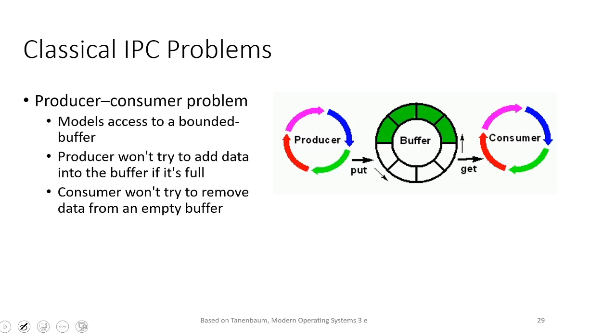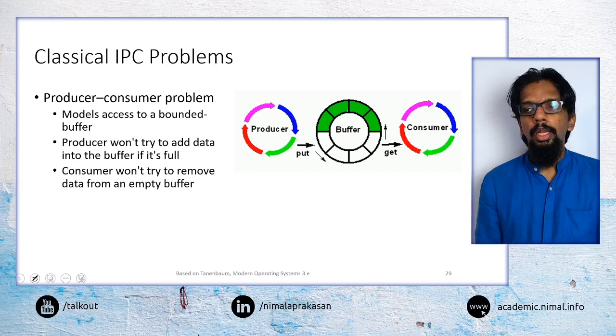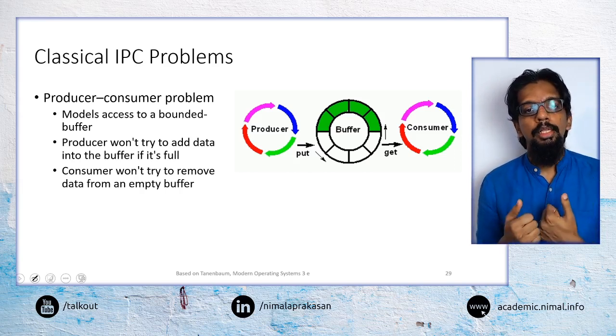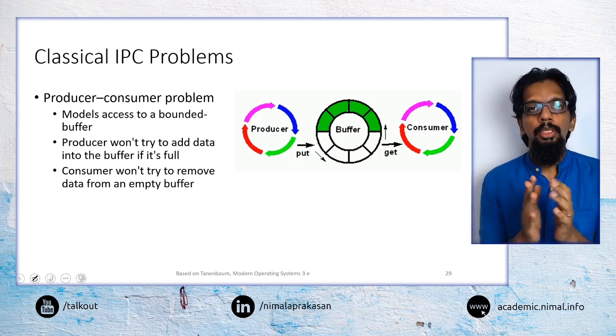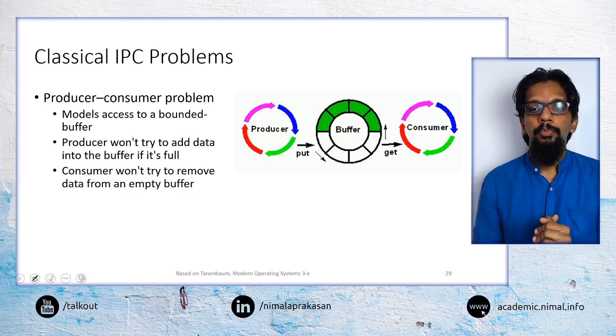So now we will look at some classical inter-process communication problems. We'll again briefly look at some of these as well. One of the common classical inter-process communication problems is what is called the producer-consumer problem.